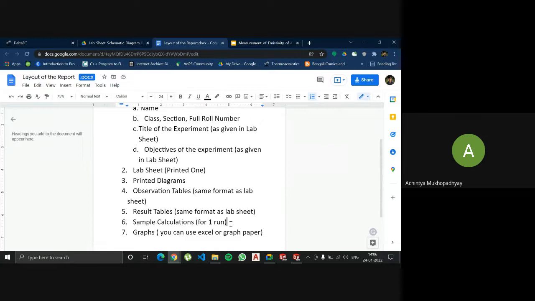Calculate the results for all the cases, but do the sample calculation for only one power level, with the complete steps, and finally the graph of epsilon versus t. And of course the cover sheet at the top. That is all you have to do in your experimental report. You should not put anything else.